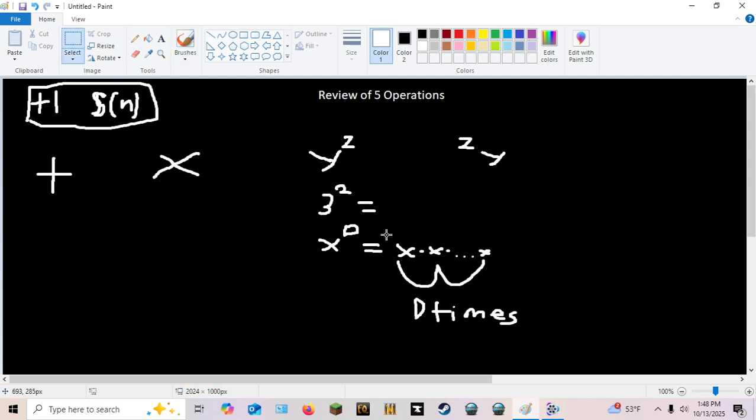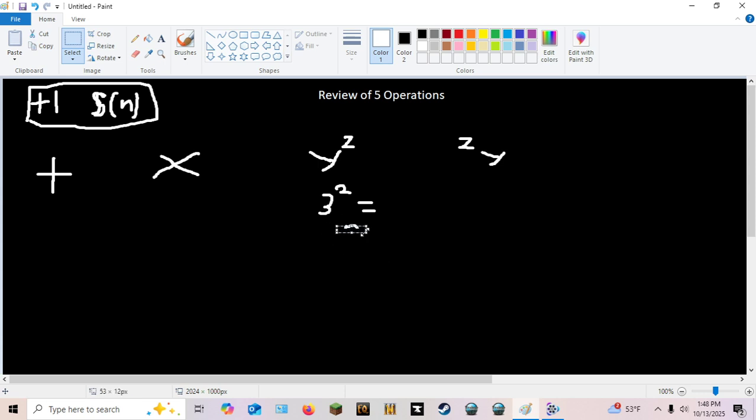Okay? Let's do an example. 3 squared is equal to 3 times 3, which equals 9. And 3 cubed equals, we already know that 3 squared is 9, so we multiply by another 3, which equals 27.